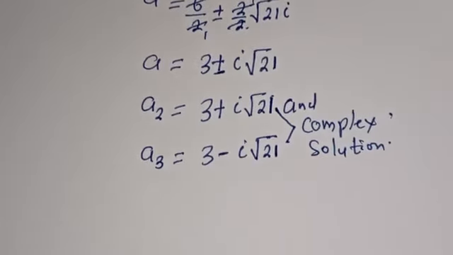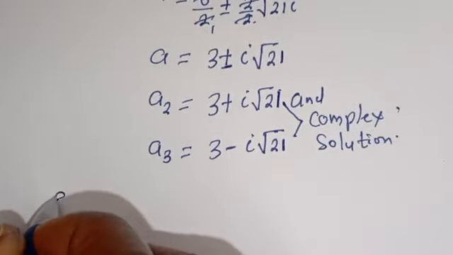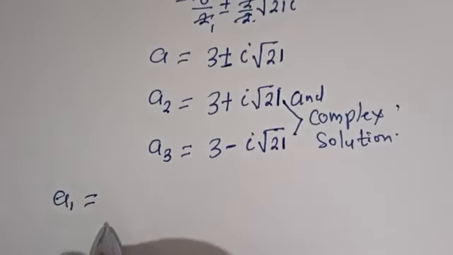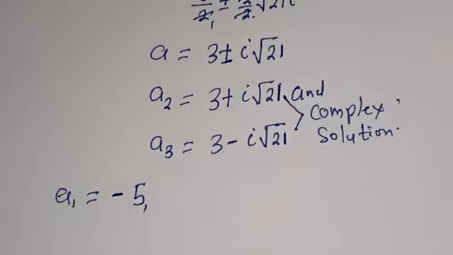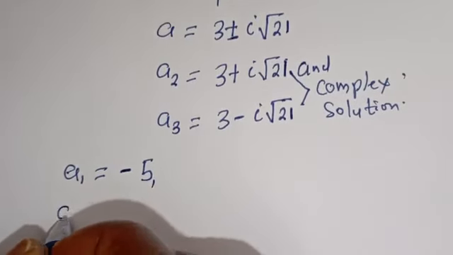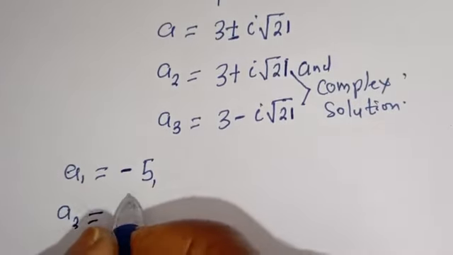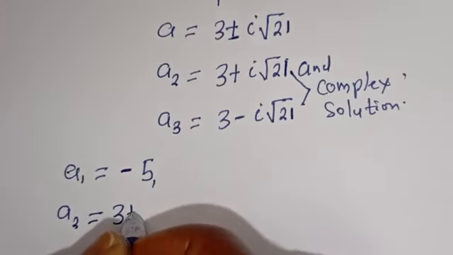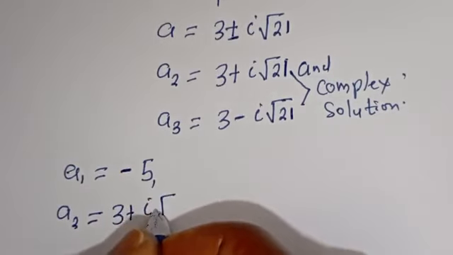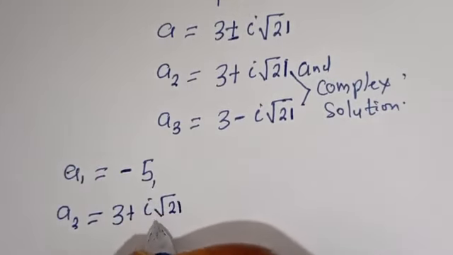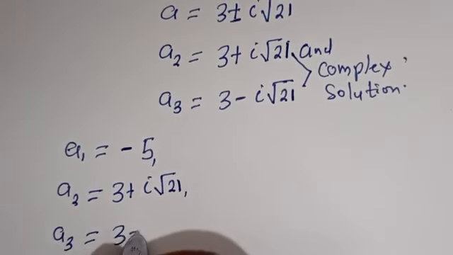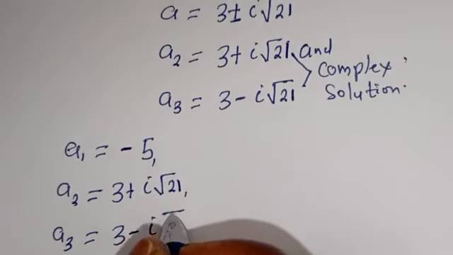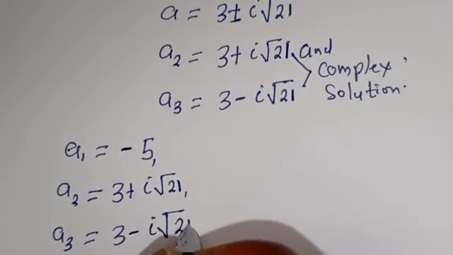Our final answers are a1 is equal to minus 5, then a2 is equal to 3 plus i square root of 21, and then a3 is equal to 3 minus i square root of 21.